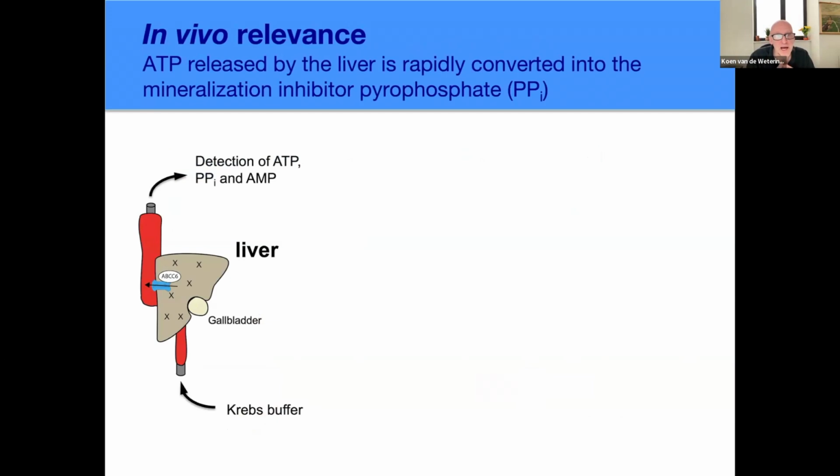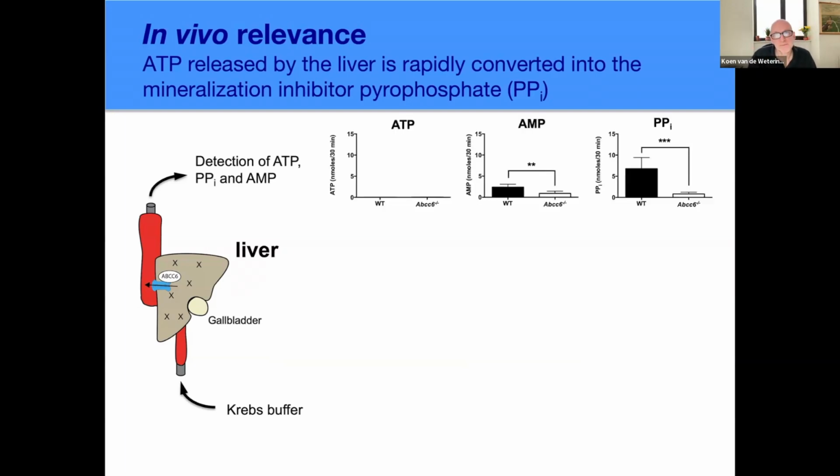Instead, it pumps out a precursor of pyrophosphate that's known as ATP. So from the liver cells, ABCC6 pumps ATP into the blood, and then in the blood, the ATP is converted into pyrophosphate.